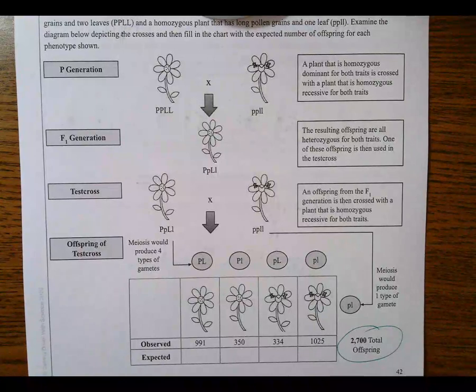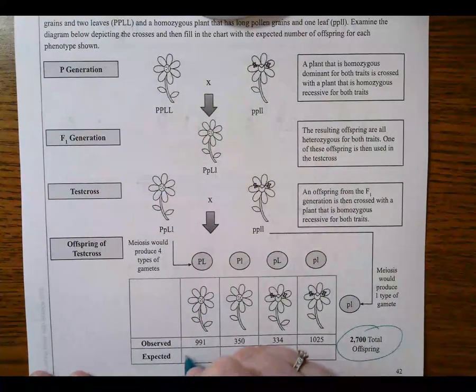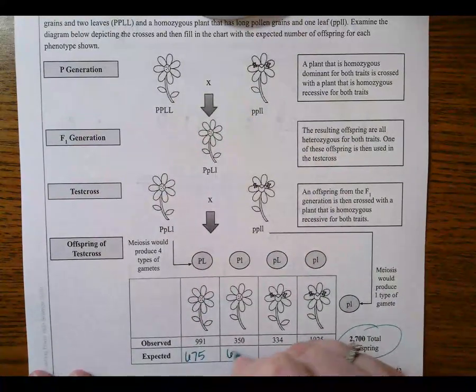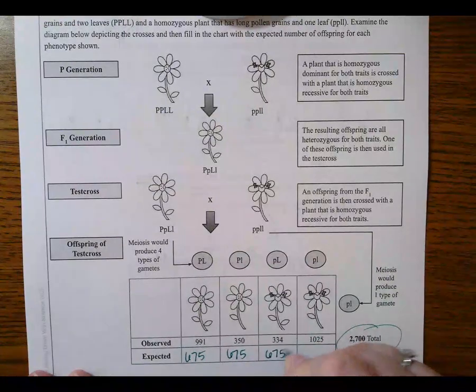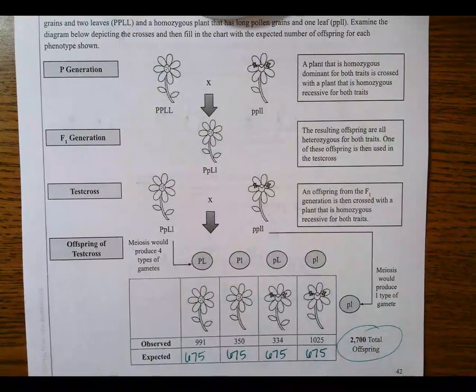So you would take your 2,700 and divide by 4, and the total there would be 675 for all of them. All right. Let's go ahead and flip that page.